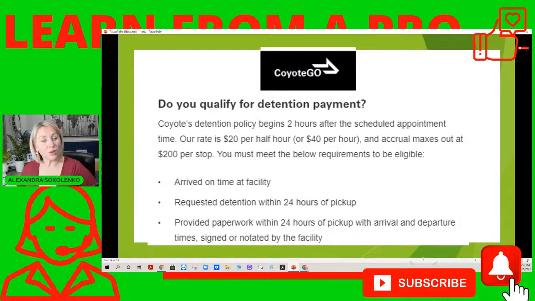They have some loads where they're going to put right there, this shipper does not pay detention, or detention will start after 4. But look at this. They're paying $40 per hour for detention. And look at this. The maximum they're going to pay is $200.